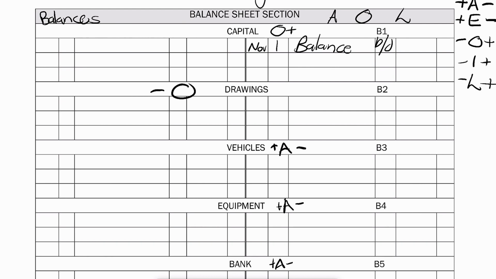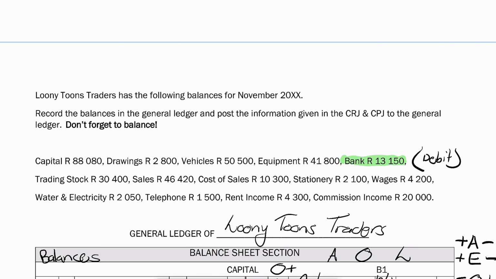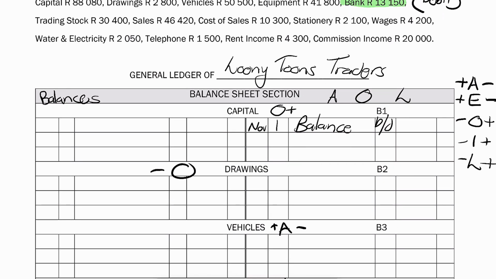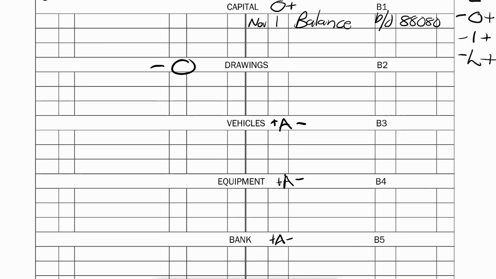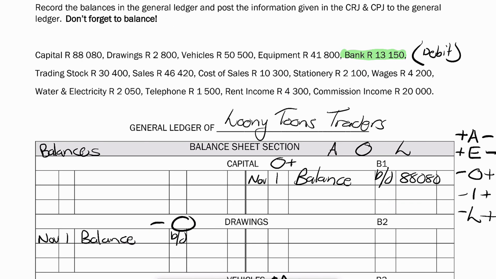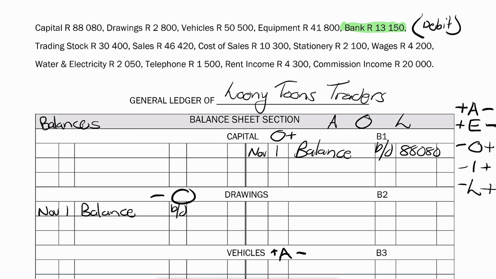And the balance they have given us for capital is 88,080 Rand. So we put in our 88,080. We do the same thing for drawings. On November the 1st, we have our balance brought down, and the balance for drawings that they give us is 2,800 Rand.